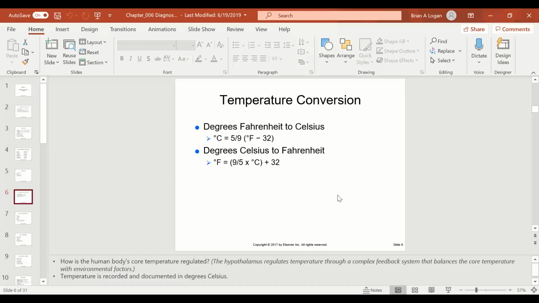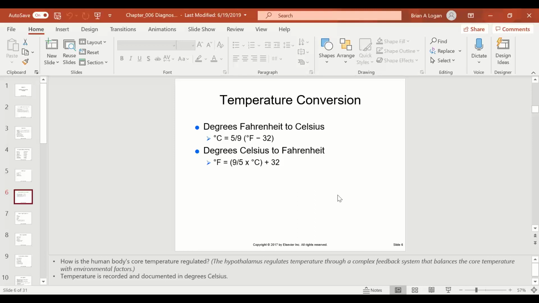Temperature conversions. You definitely need to know this. Just memorize one of the equations, and then you can always figure out the other one. Let's say you only knew the lower equation, Fahrenheit equals 9/5 times your degrees in Celsius plus 32.